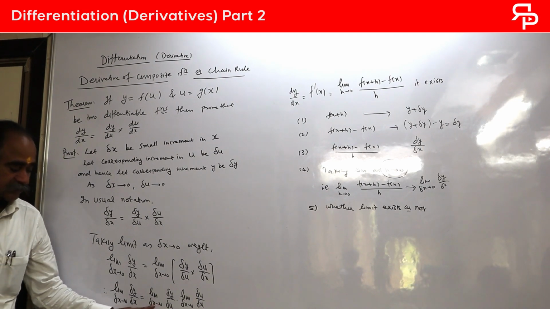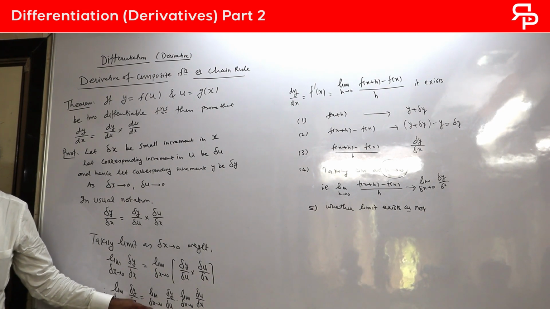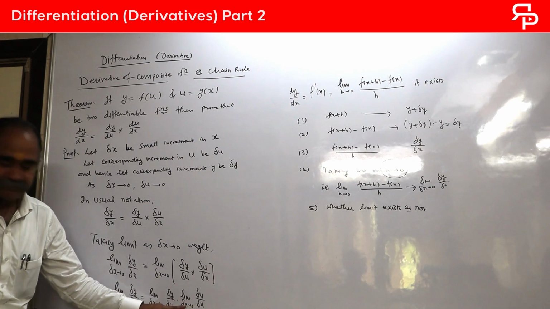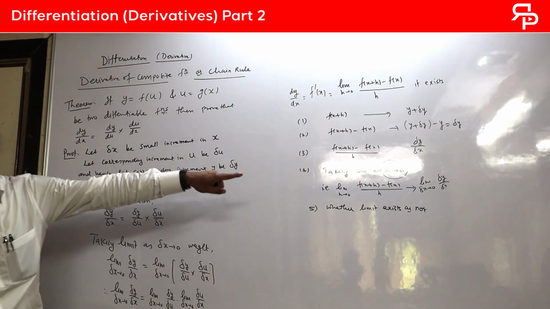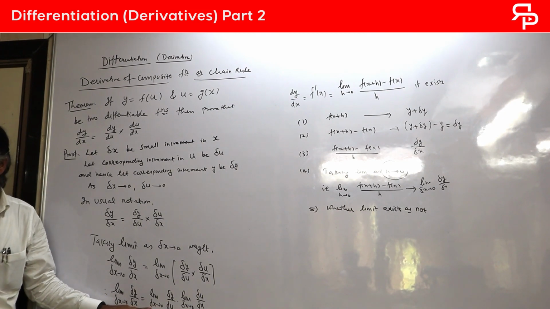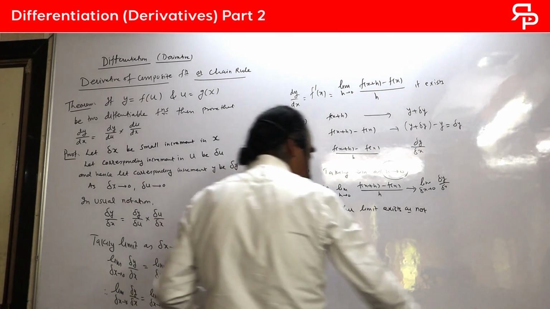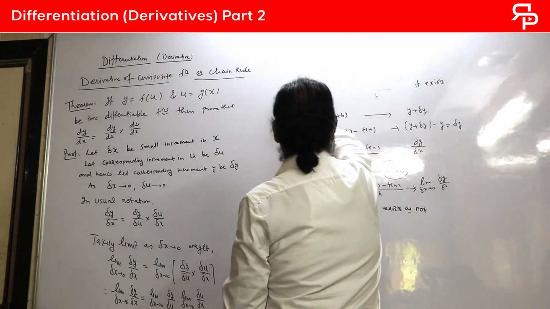Delta u. जो भी डिनोमिनेटर में वही चाहिए अपने को लिमिट में. What is required? Delta u. How will you get delta u?